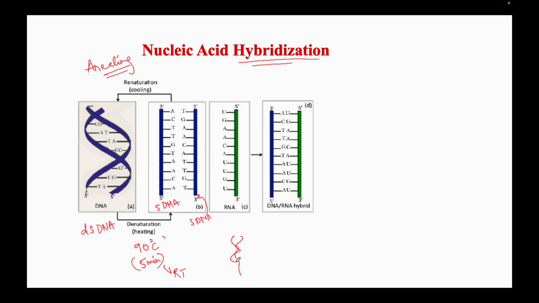We can get either duplex DNA again, double-stranded DNA, when we re-anneal it, it will form hydrogen bonds with its complementary DNA, or it can form a DNA-RNA hybrid like shown here.